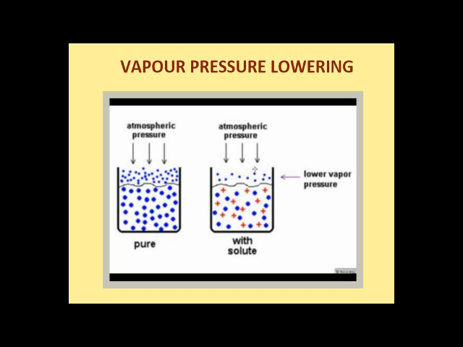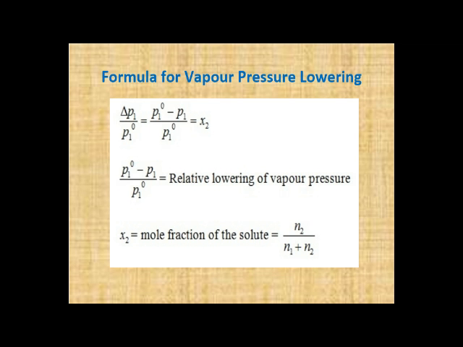When we see about the formula for vapor pressure lowering, relative lowering of vapor pressure is equal to psi 2. The same is used as Raoult's law. Raoult's law is based on this vapor pressure lowering only.